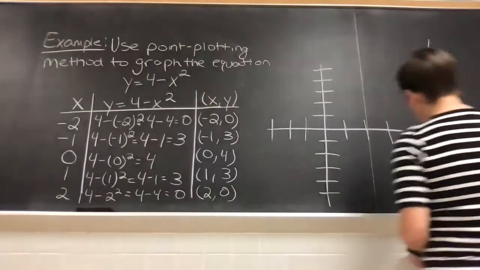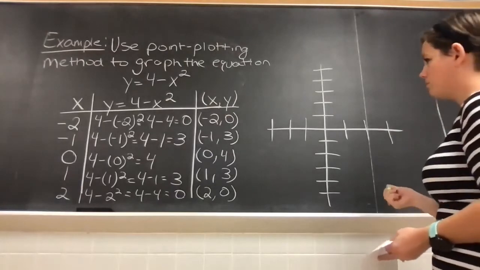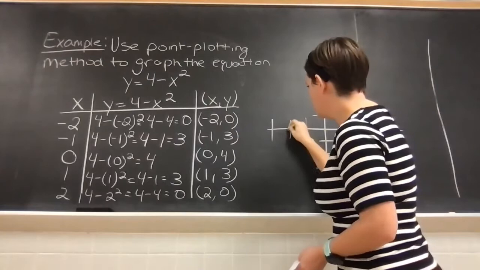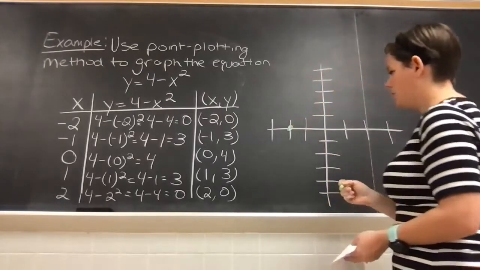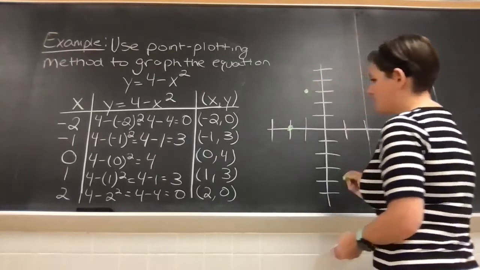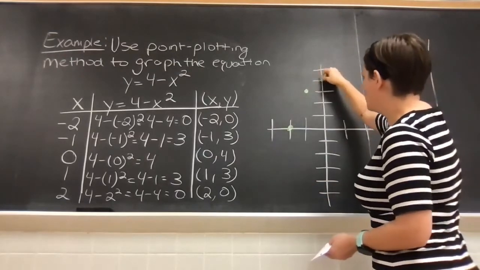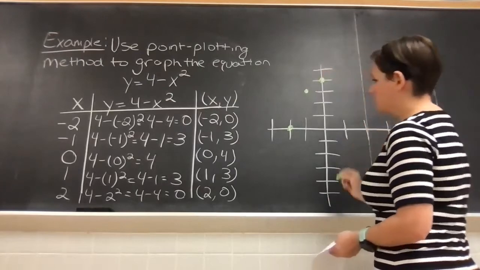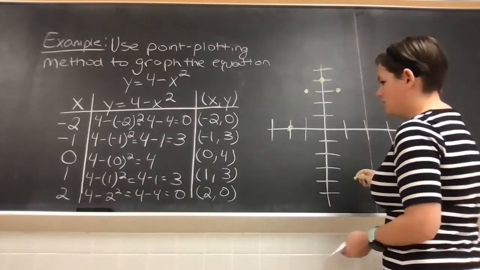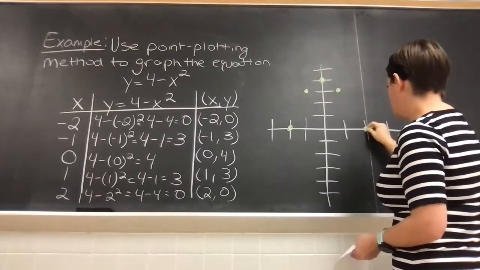So now I come over to my graph and I start plotting those points. So I had -2, 0. -1 up to 3. At 0, I was at 4. At 1, I was at 3. And then at 2, I was back down at 0 again.